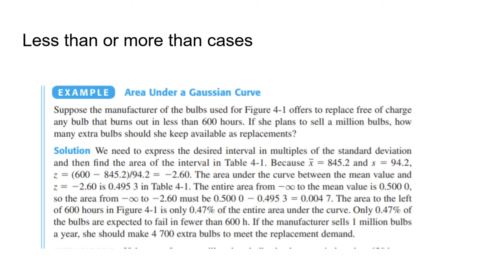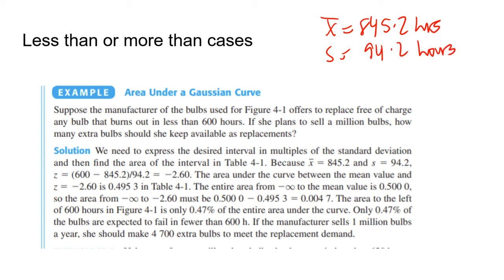If she plans to sell 1,000,000 bulbs, how many extra bulbs should she keep as a replacement? We're not given figure 4.1, but we know that the x naught, what's on the dead center of that normal curve, is 845.2 hours, and the standard deviation is 94.2 hours.